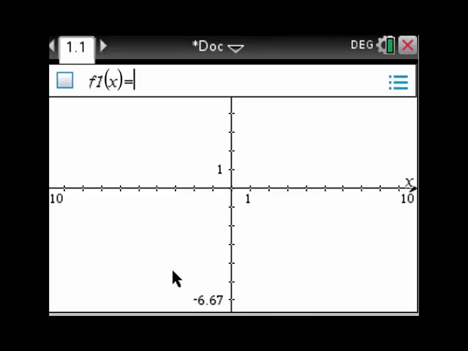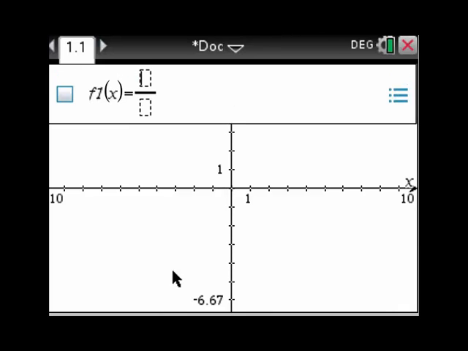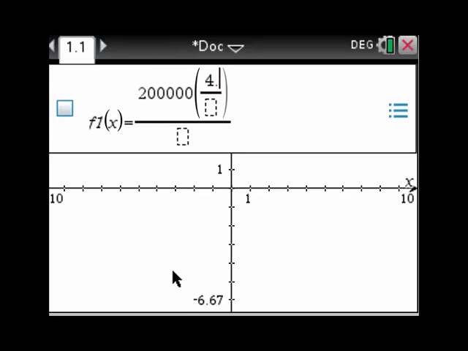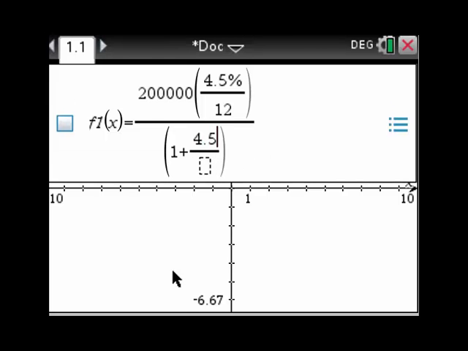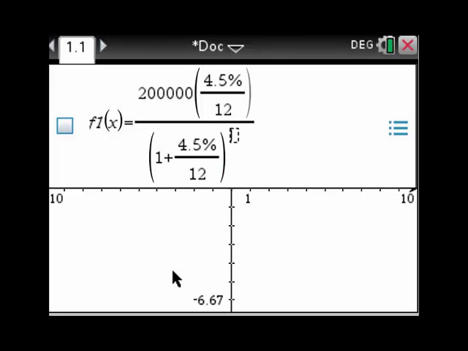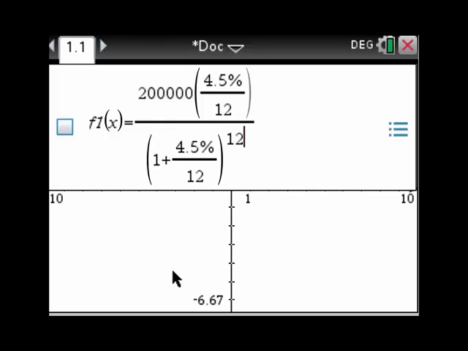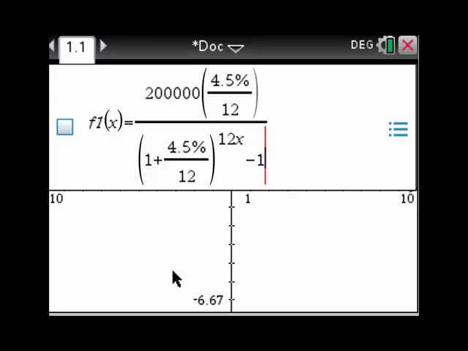We want to do a top-bottom fraction. 200,000 times top-bottom fraction 4.5% over 12, parenthesis 1 plus top-bottom fraction 4.5% over 12, close the parenthesis, raised to 12x, and I almost forgot the minus 1. That would be bad. So minus 1. So I'm going to go back and fix my paper.